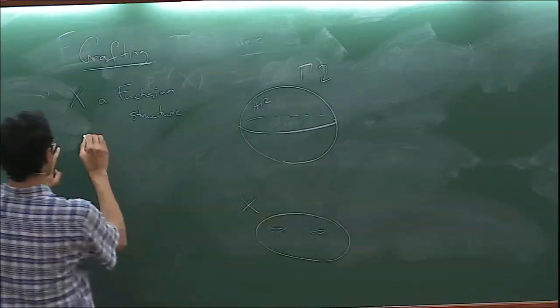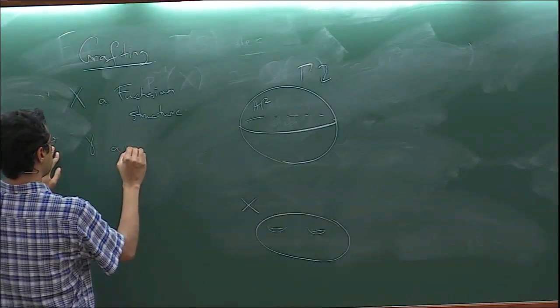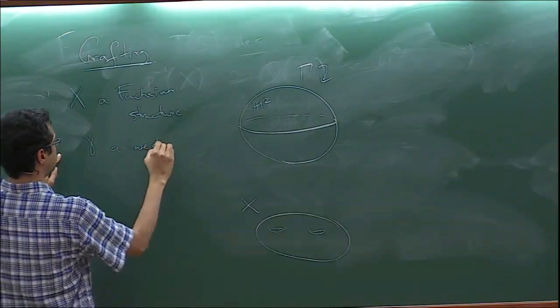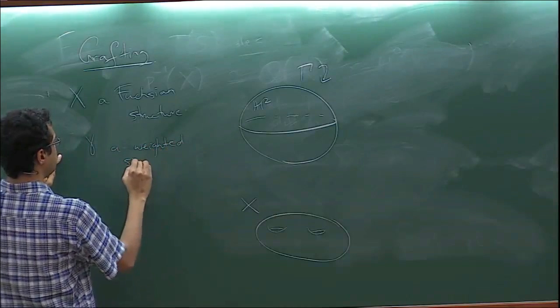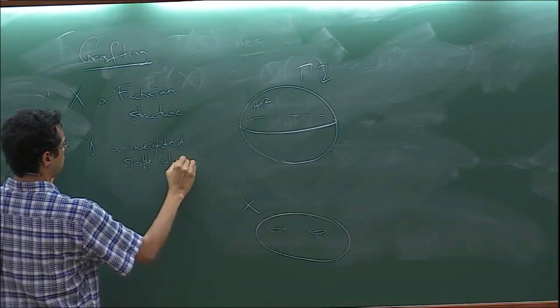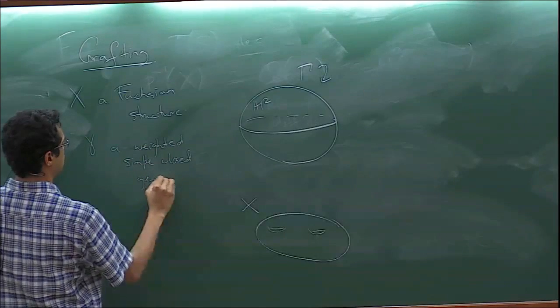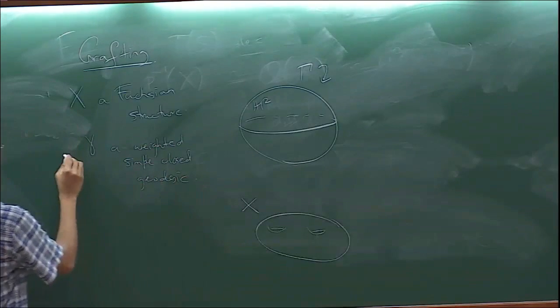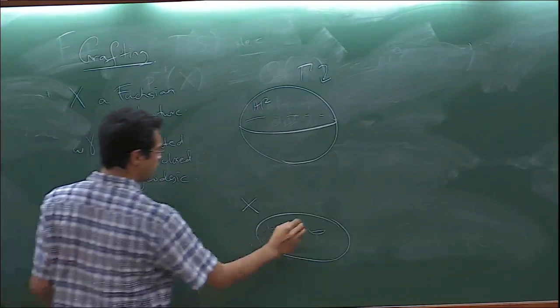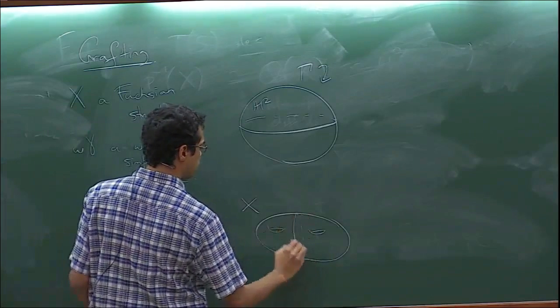You choose a weighted simple closed geodesic gamma, with weight W, some real number. This is some kind of curve like this.